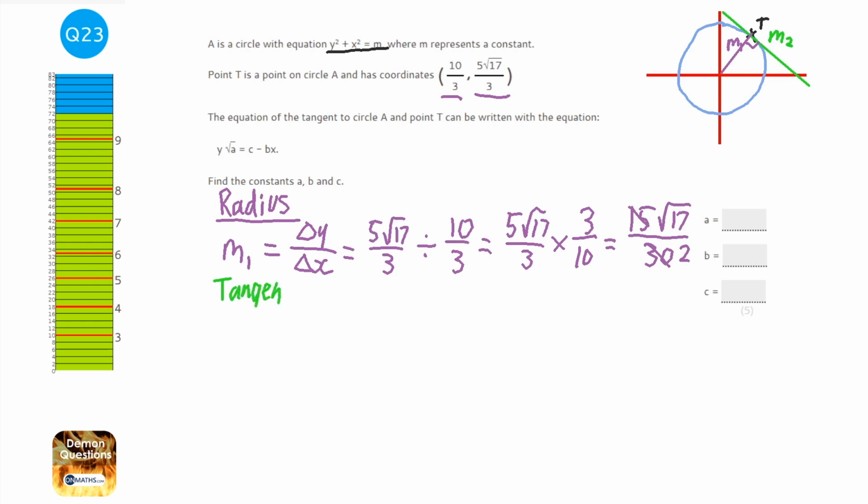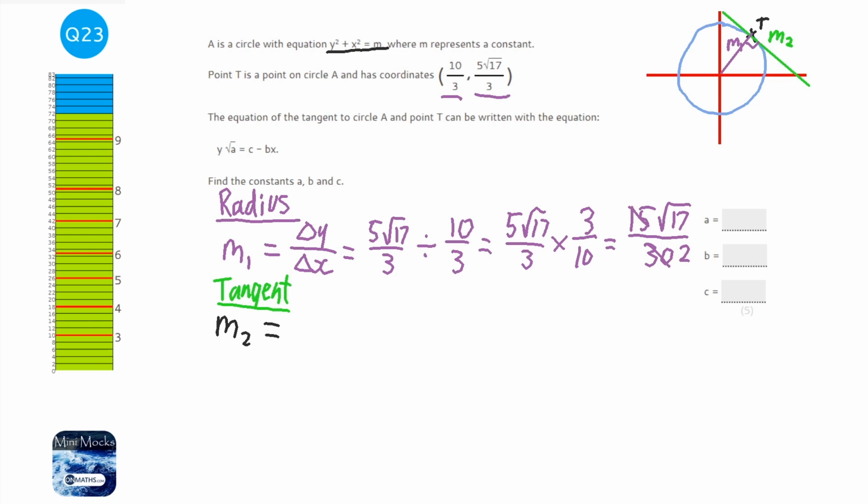Now we're going to work out the tangent. I'm going to do this one in black because green's not the nicest thing to write in. So I'm going to start working out M2, which is our gradient that we actually want. And to do this, we know that the M1 and M2 are going to be perpendicular because they touch each other at 90 degrees because of circle theorems. The angle between a tangent and radius is 90 degrees.